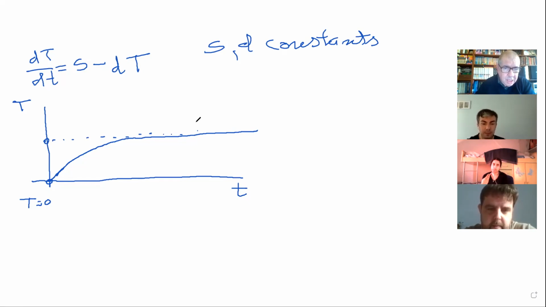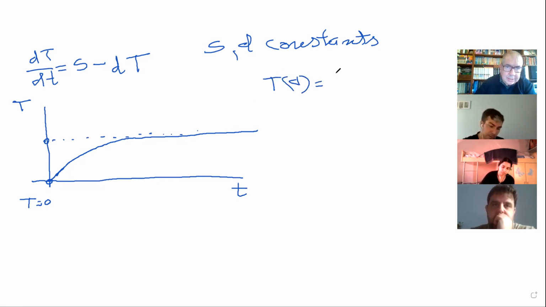So if t of 0 is S divided by d, what happens? What is the value of the derivative? 0, because if you place it here, then the derivative will be 0.